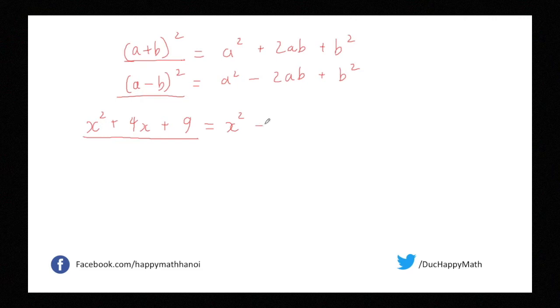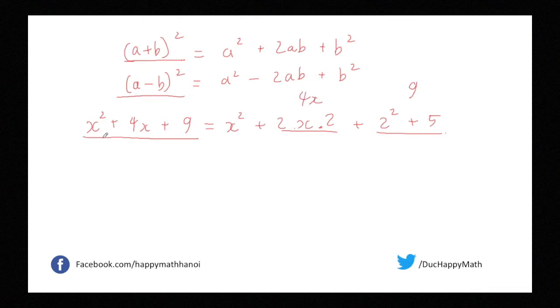I keep x squared unchanged and change the 4x to 2 times x times 2. 2 times x times 2 means 4x, and plus 2 squared, plus 5. So look at this, 2 squared plus 5 equals 9. So 2 times x times 2 equals 4x.